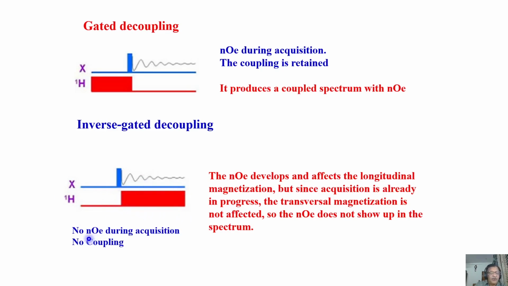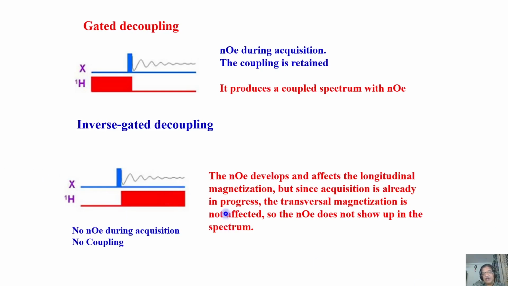This means no NOE, and no coupling, because here we are removing the coupling. So it is a decoupled spectrum without NOE. Understand? NOE is not going to show up in the spectrum, but at the same time, we are going to get a completely decoupled spectrum, no coupling at all.